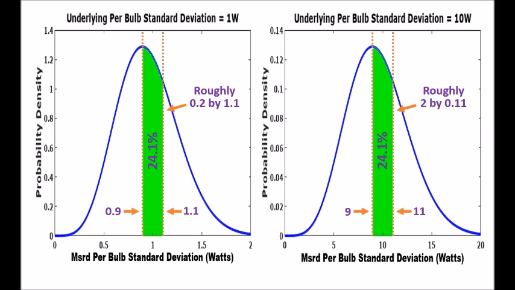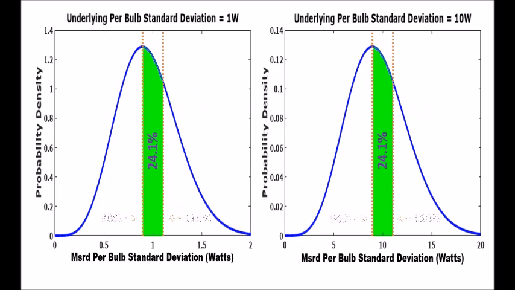Using 100% to represent the underlying standard deviation, this means that we have a 24.1% chance that our actual measured standard deviation is between 90 and 110% of the underlying standard deviation. Okay, to try another example, how do we determine the chance that our measured standard deviation is in between 50 and 70% of the underlying standard deviation?